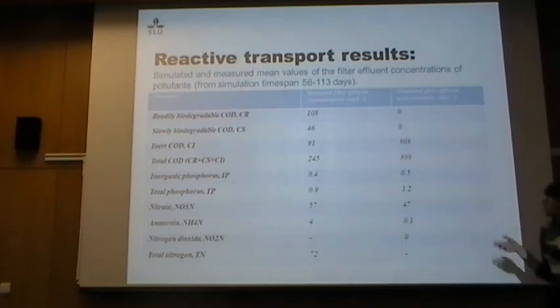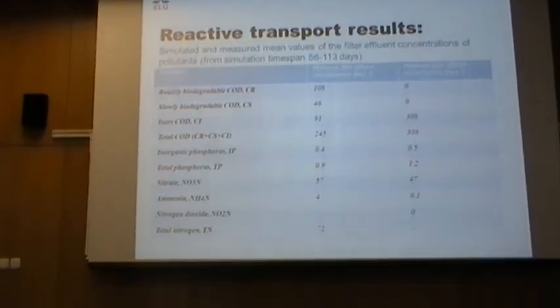Here, the constructed wetlands module will divide COD into readily biodegradable COD, slowly biodegradable COD, and inert COD, and we had some problems with getting that to match our measured values. But the simulated total COD is somewhat similar to what we measured.